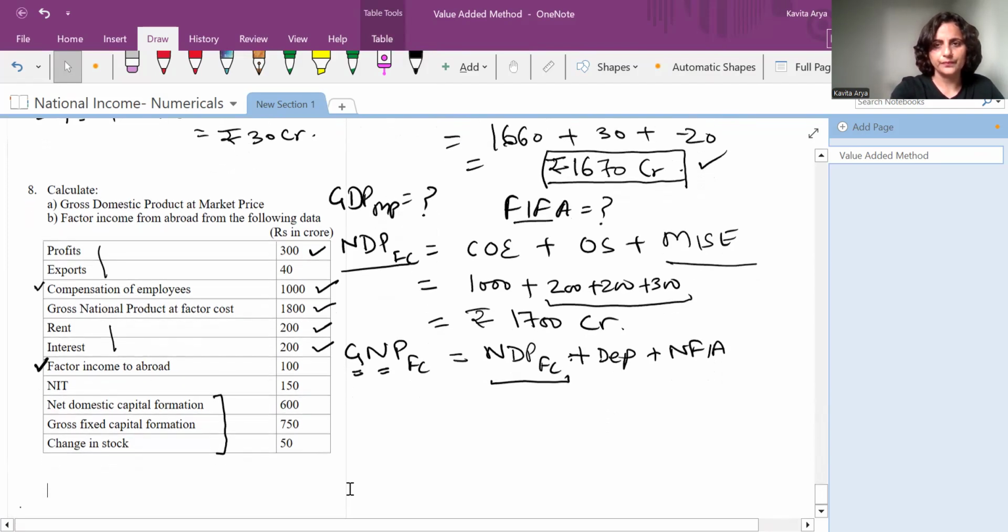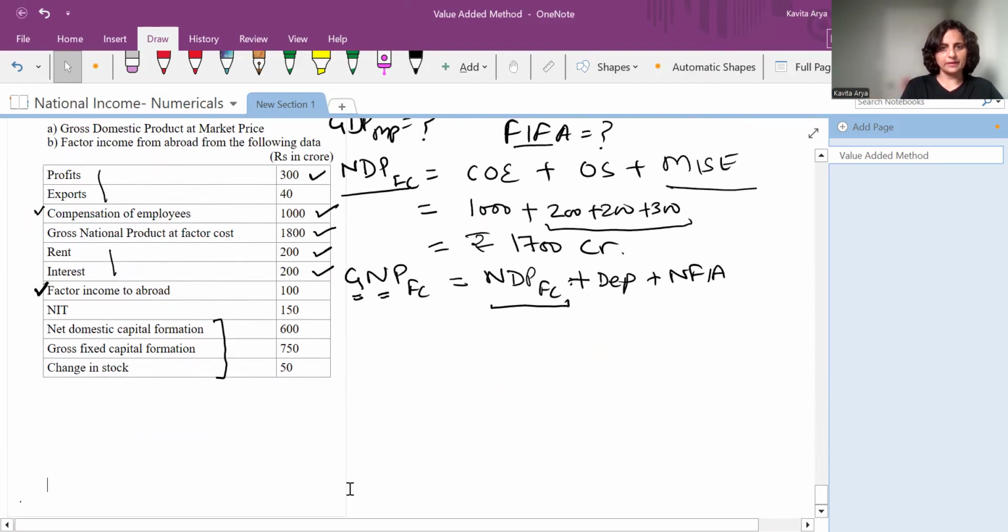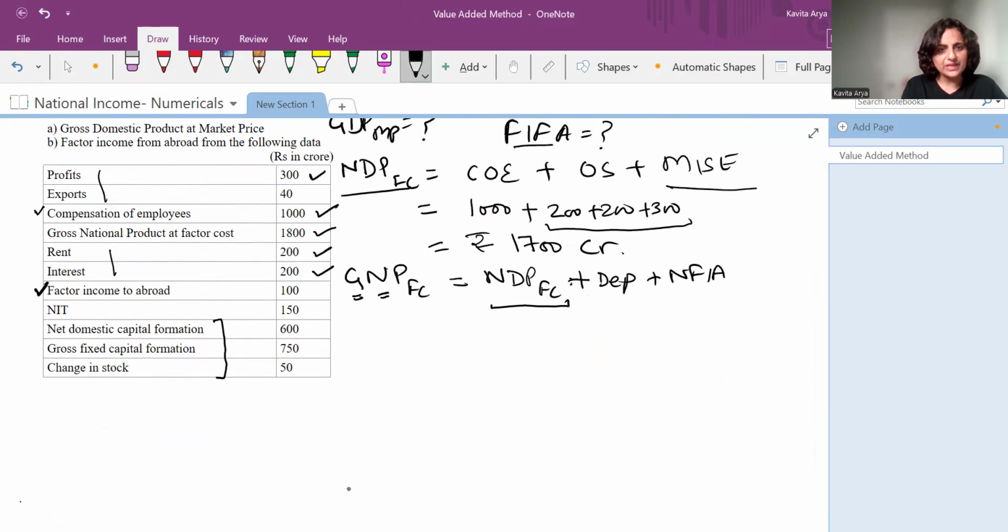Hold on. Let me have some more working area. So depreciation, I'll write in the short notes. How can we find depreciation? It's the simple difference between the gross and the net of the same component. So gross fixed capital is given and net domestic capital is given. I'll write gross domestic capital formation minus net domestic capital formation.